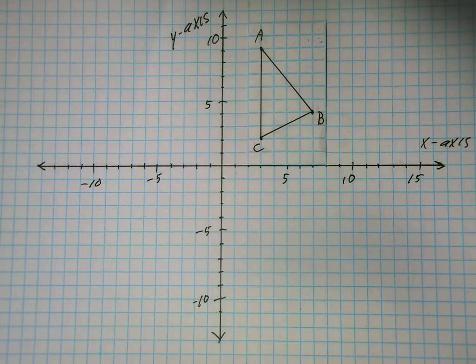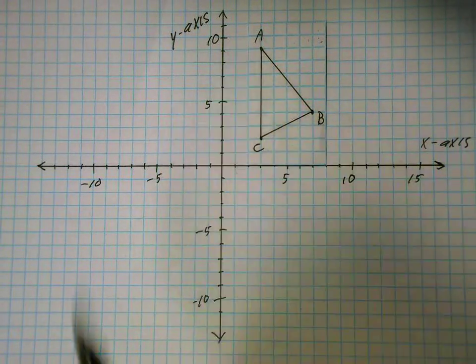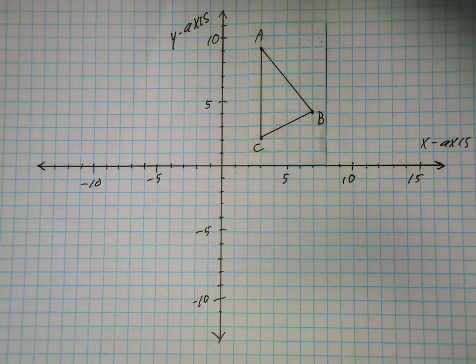What do our x values represent? It's 3 to the right of 0, and this 0 in this case is represented by the y-axis. That's right. A is 3 to the right. How far to the right is C? It is also 3. Very good.